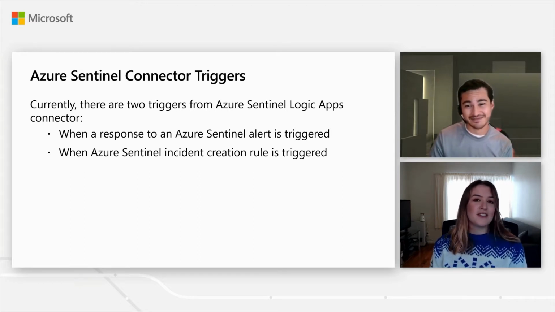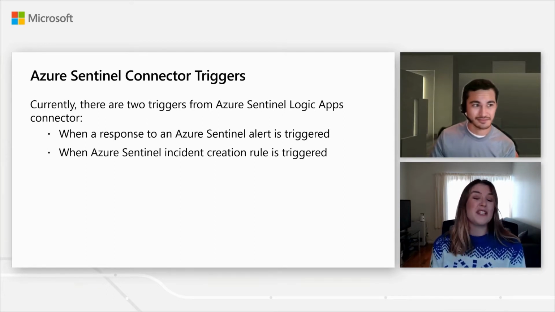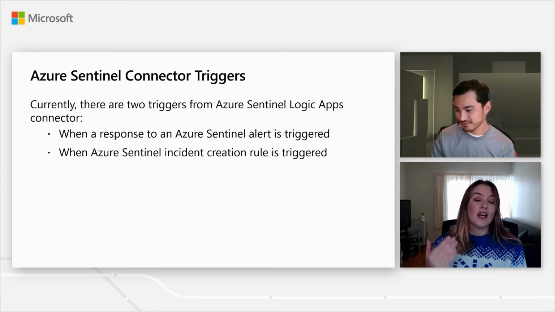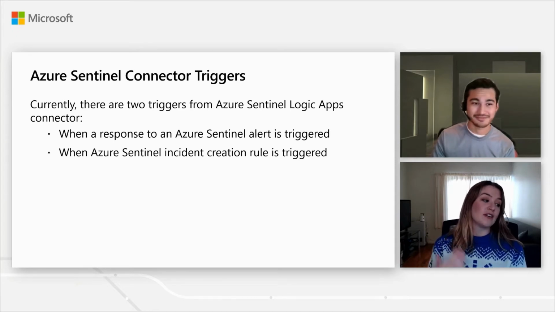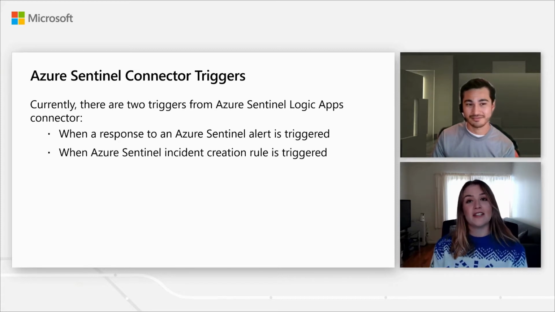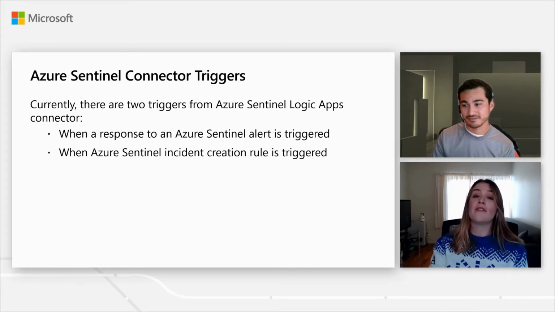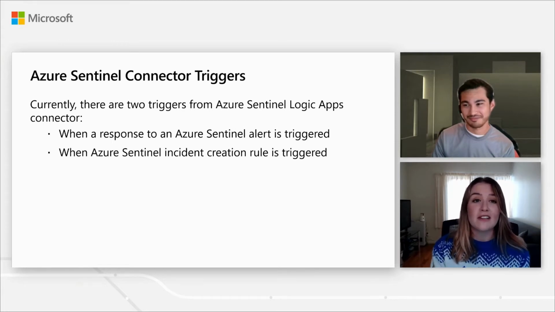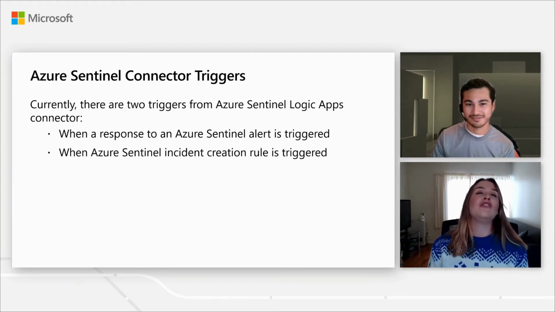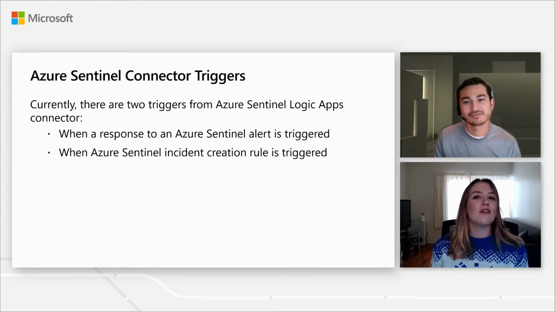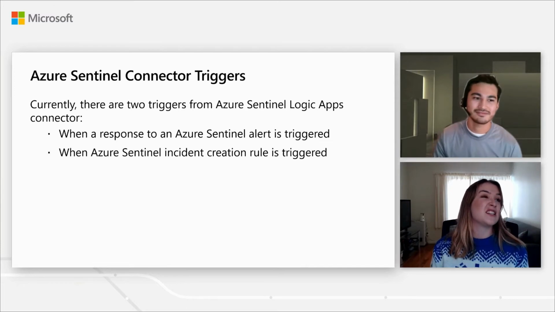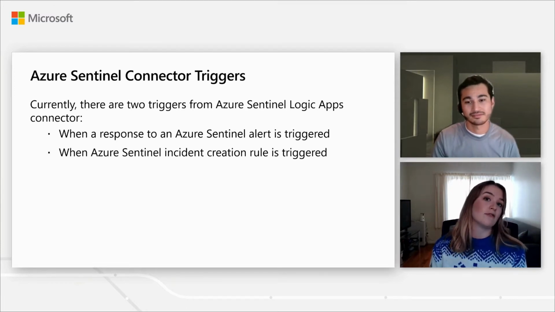I do, because I do get people asking quite a lot, what is the difference between a response to an Azure Sentinel alert and when an incident is created? And it's a great question. And to be honest with you, when I first started working with Sentinel, I didn't really understand the difference either. So an alert is something that's occurred that's of note in your environment.